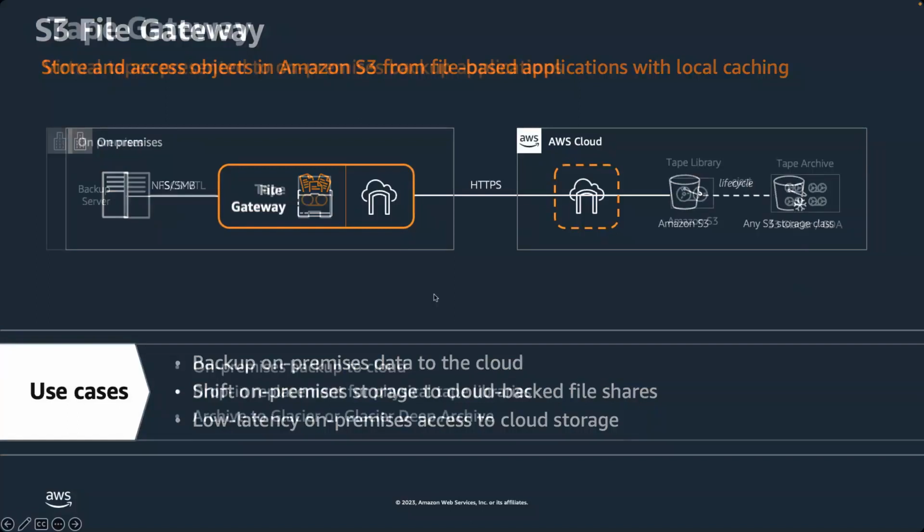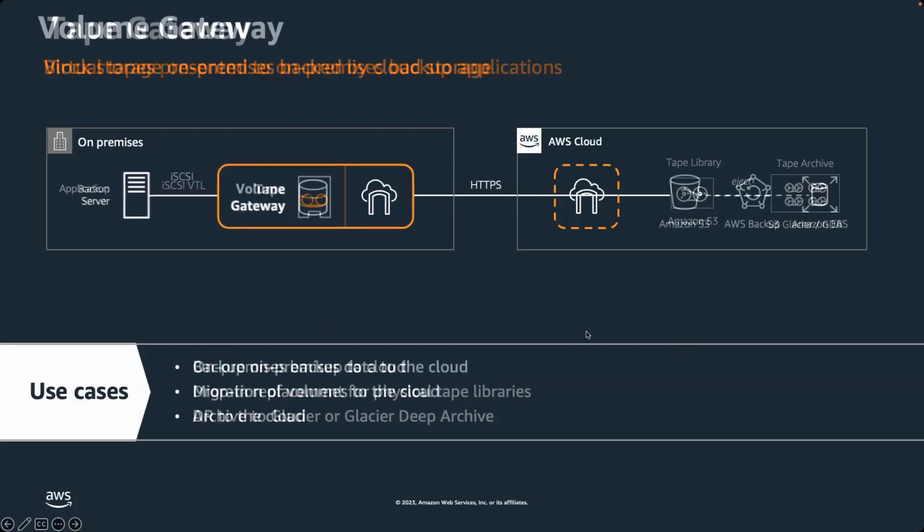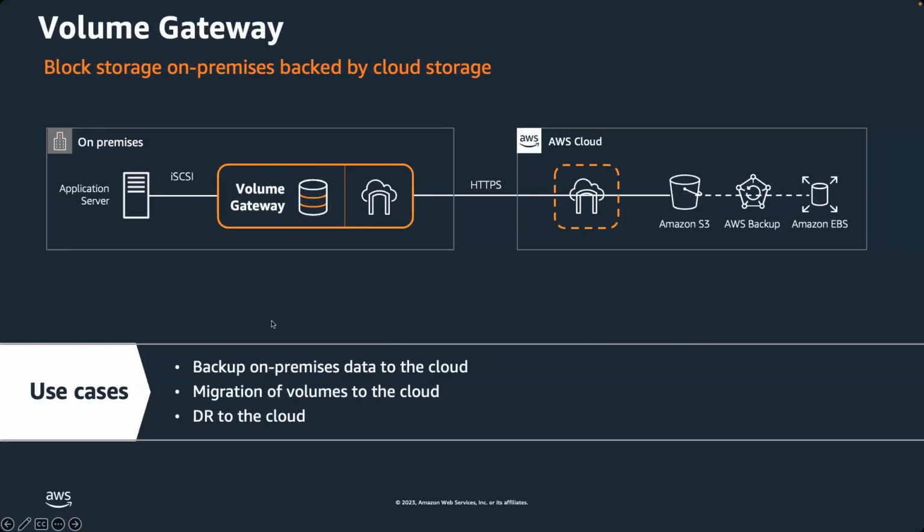because these are the ones that are for archive data, like I was mentioning before. So you can do the same thing with Tape Gateway. This is the exact same logic with similar use cases. So on-premises backup again, drop-in replacement for physical tape libraries, and archive to Glacier, Deep Glacier archive. So your tape gateway usually is archive data, which you can then pass again to Glacier, and the same thing for volume gateway.